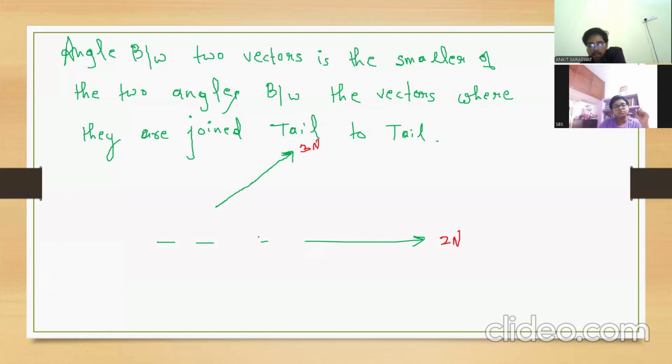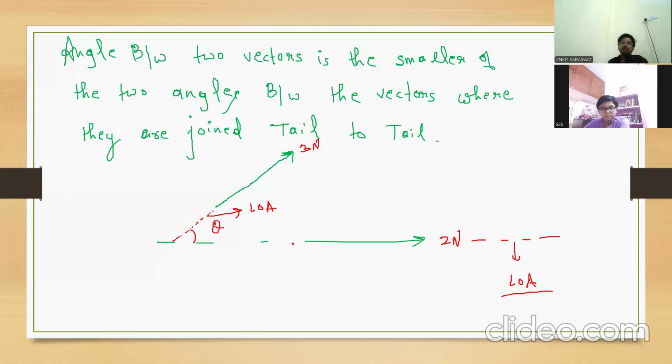The line along which the force is going to apply is known as the line of action of force. This is the line I have drawn. This is the line of action of this 2 Newton force, and this 3 Newton force is going to apply along this line. So the intersection of these lines of action will give you the angle between the two vectors.